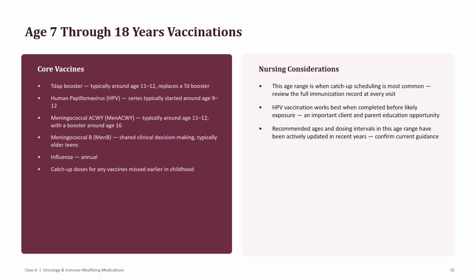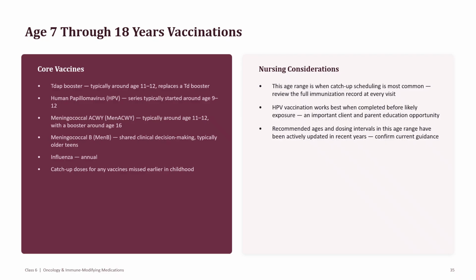So speaking of HPV, here's a teaching point that's generally useful in a real conversation with a parent or a patient. This vaccine works best when it's given before likely exposure. And this is exactly why it's recommended starting in the preteen years rather than waiting until later adolescence.